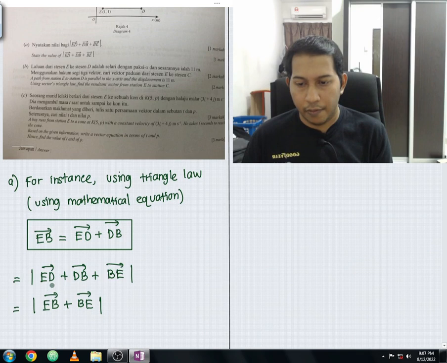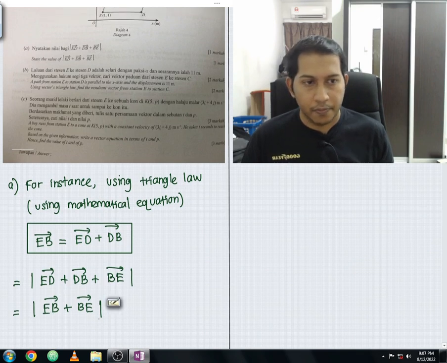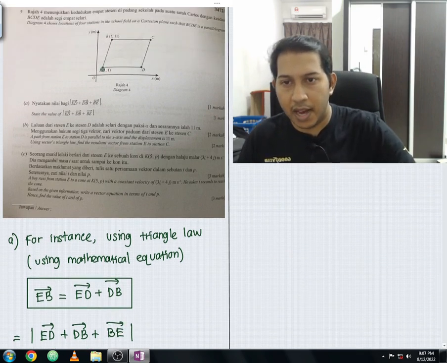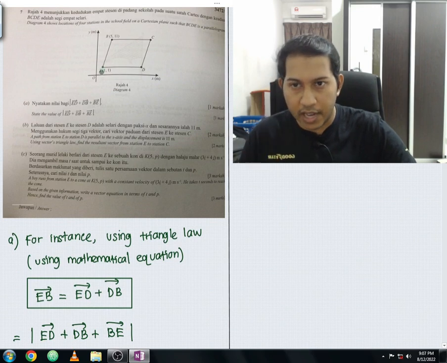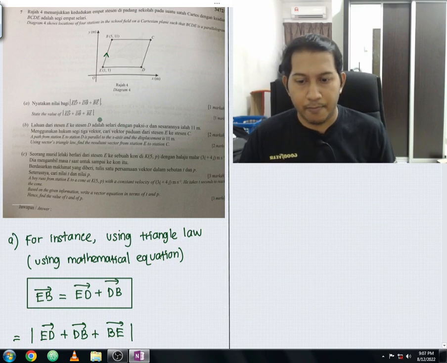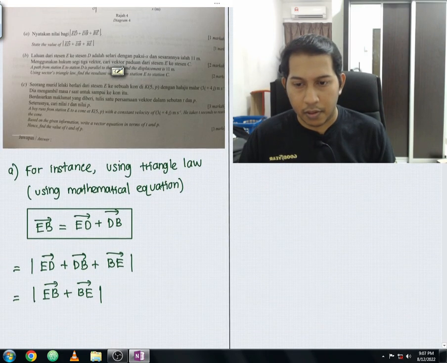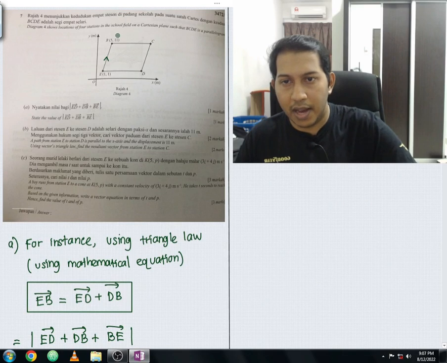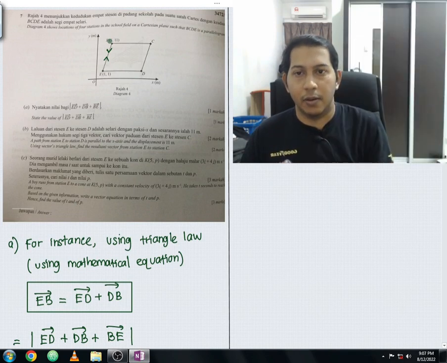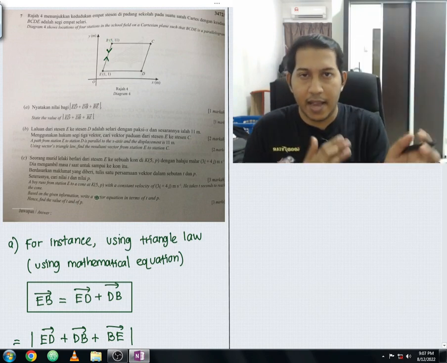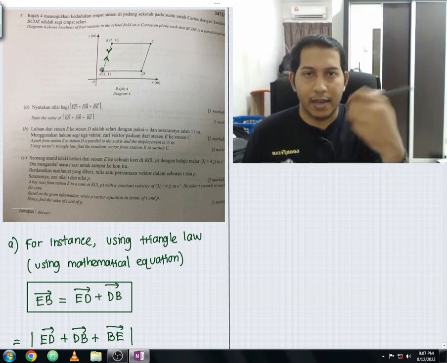Vector EB is from down to up, in this direction, whereas vector BE is from up to down, or top to bottom. Same vector but in opposite direction. The difference between vector EB and BE is that they are in opposite directions.